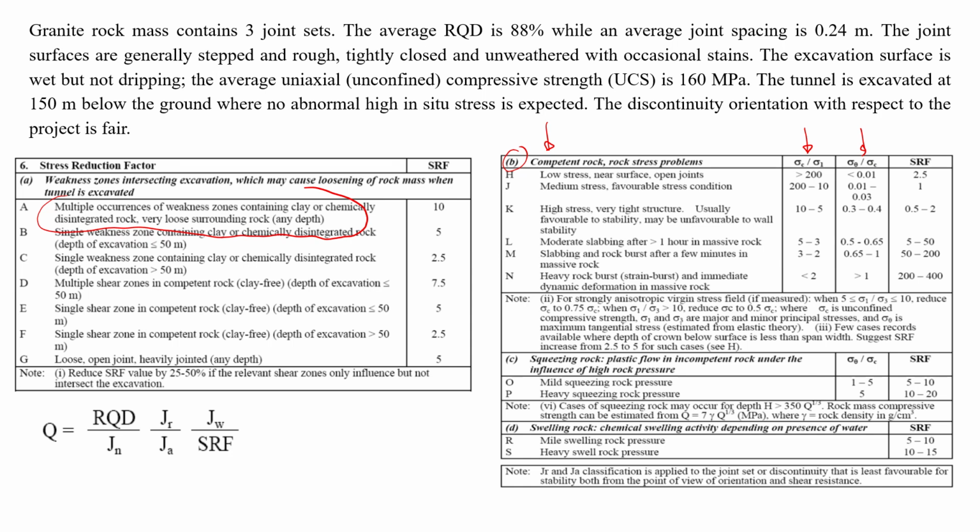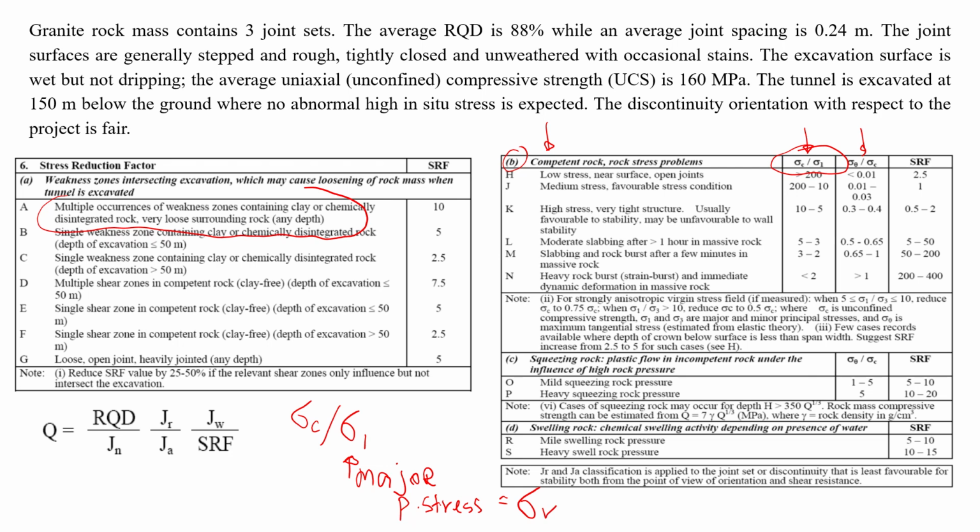And usually in all these examples, we are going to look at this one: sigma c divided by sigma 1. Sigma 1 is the major principal stress, and in many cases we assume it is equal to the vertical stress.